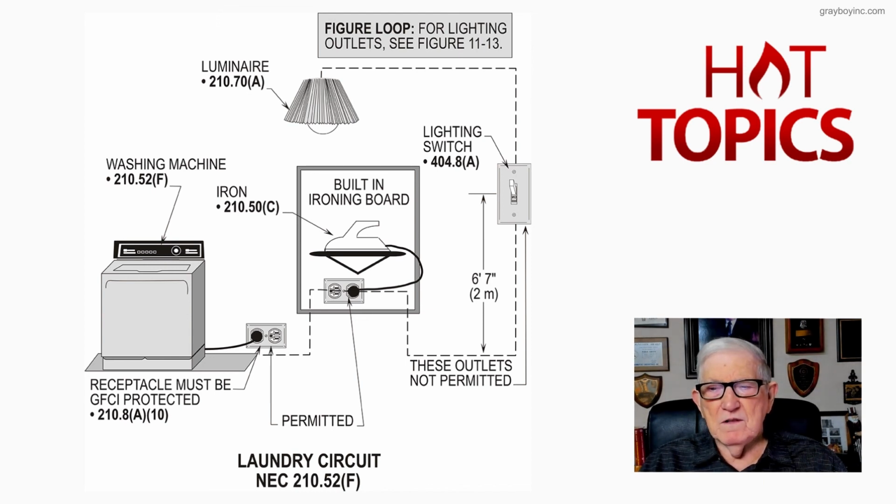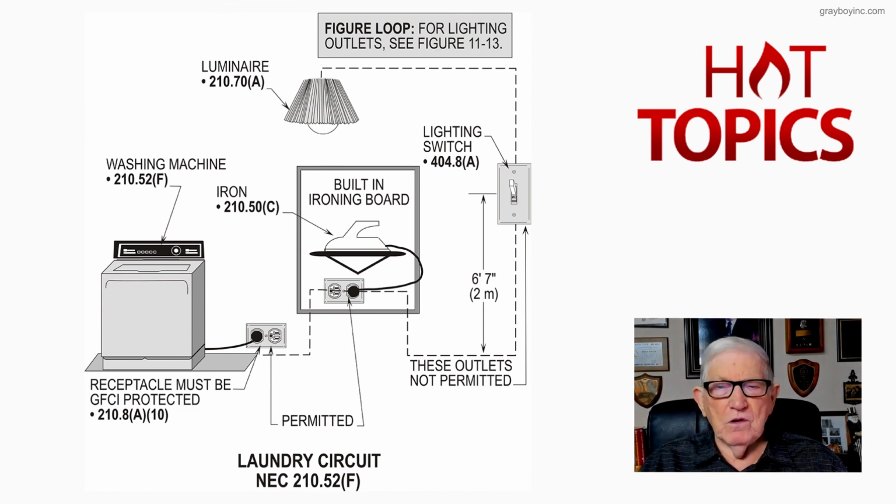But notice that these outlets are not permitted to be connected to this 20 amp small appliance circuit that is brought to the laundry area. But notice a built-in ironing board, yes, that built-in ironing board could be in accordance with 210.50C. The washing machine now needs this small appliance circuit in accordance with 210.52F. And then notice a receptacle outlet must be GFCI protected in accordance with 210.8A10 and the NEC.